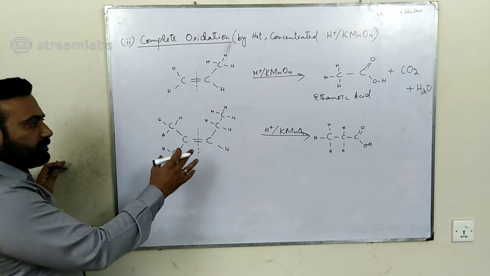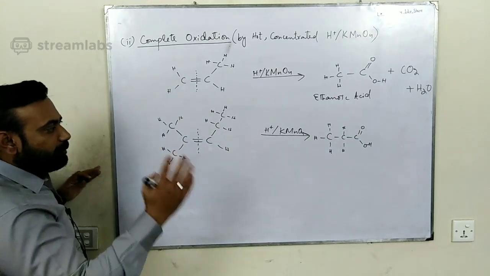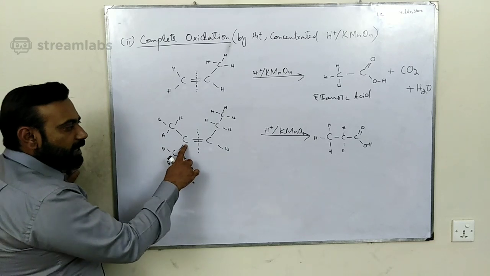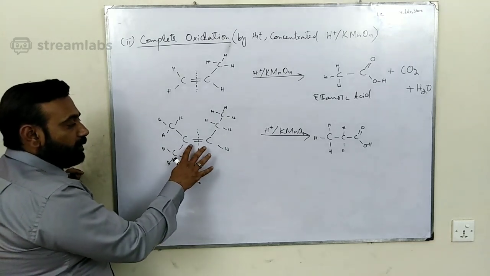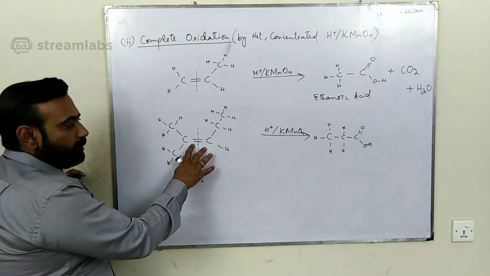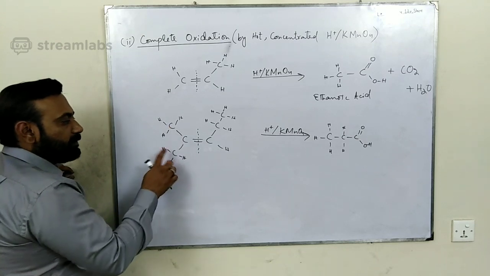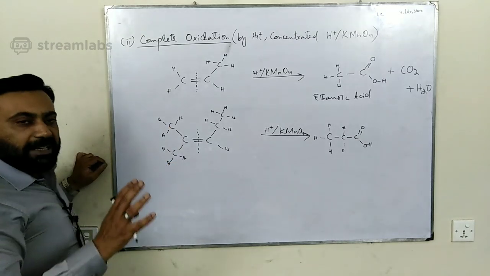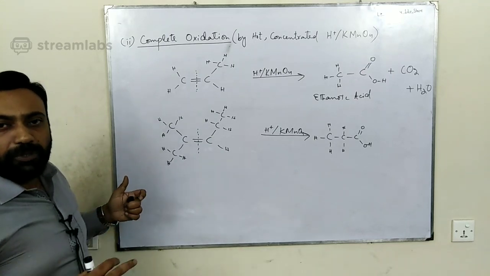So now let us take a look at this side. In this case, there is a completely different scenario. This carbon atom which was initially involved in the functional group, that is the double bond, is bonded to two carbon atoms. This is not bonded to any hydrogen atom directly, and in this case a ketone is produced.